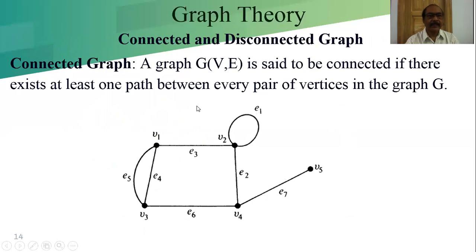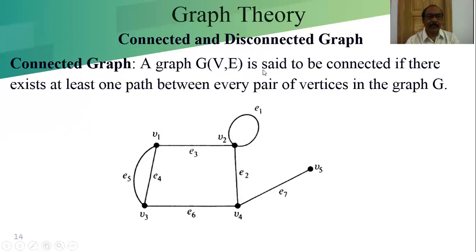Now we learn exactly what they are. Unless we learn walk and path, the connected graph definition is not clear. As we have learned the definition of a path, the definitions of connected and disconnected graphs will be clearer to you more easily.